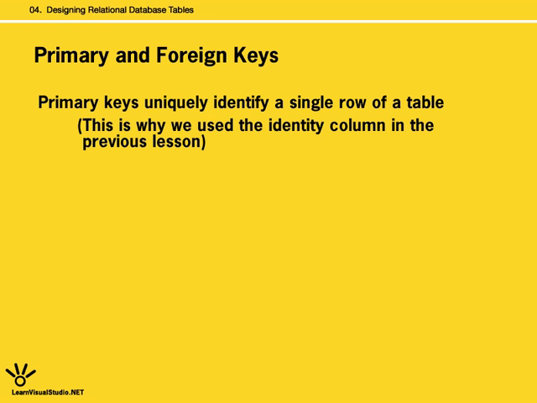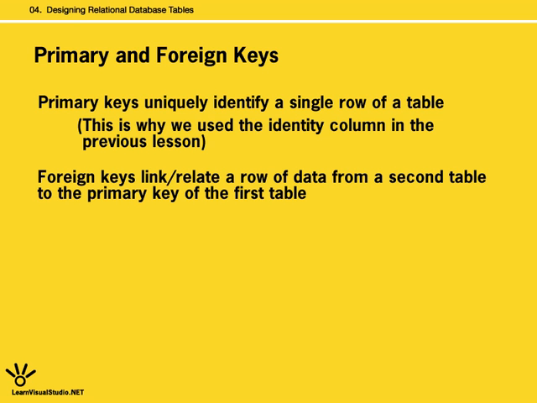Even if we wanted to, the database wouldn't allow us to insert two records with the exact same customer ID. And this is important because we can't reliably link data between tables if we don't have a reliable way of telling each row apart. So this is why we use the identity column. It's a great way of ensuring that each row will have at least one thing that makes it distinct and unique.